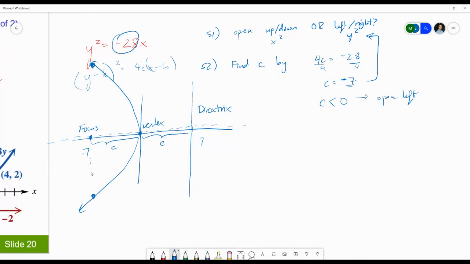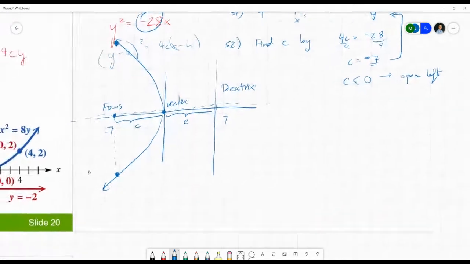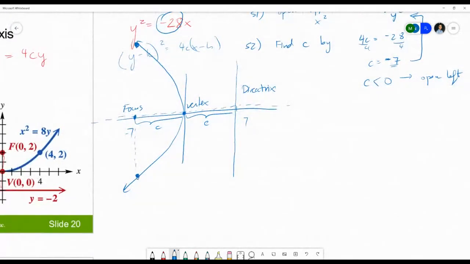These 2 points right here help you determine how open this parabola is. It has an Italian or French name, but I forgot what it is. I'll get it to you later. I don't think it's in the PowerPoint, but it's in the book for sure. So it's how wide the parabola is? Yes, how wide this is.